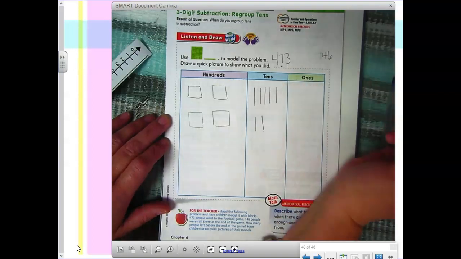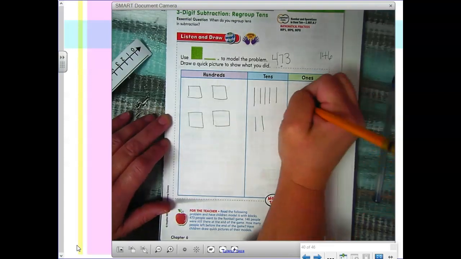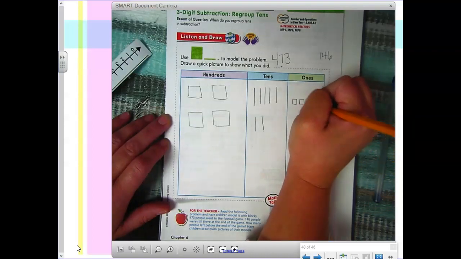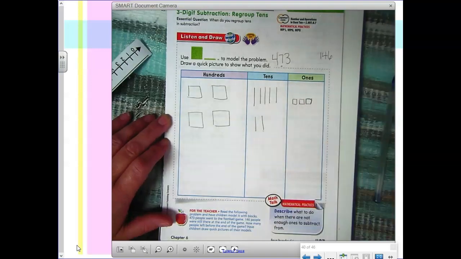And how many ones? 3. Now we find out there are 146 people still there at the end.